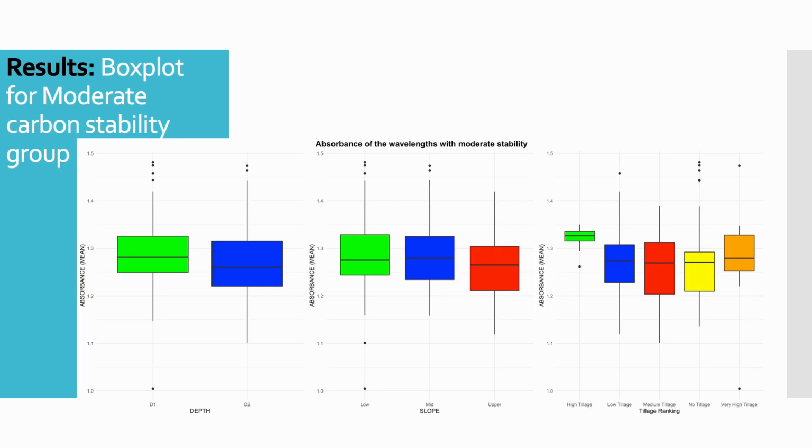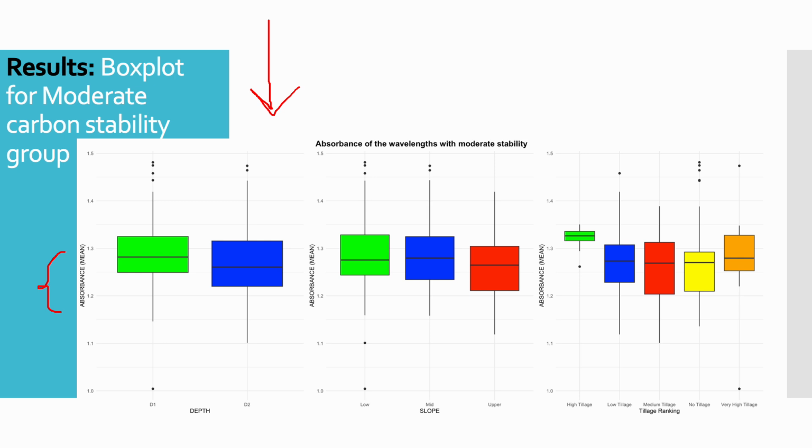Since most of the absorbance from the soil samples was detected in the wavelengths with moderate carbon stability, we will focus on that stability group. This slide shows the box plot for moderate carbon stability, and all of the absorbance means right here belong to the wavelengths that have moderate carbon stability.